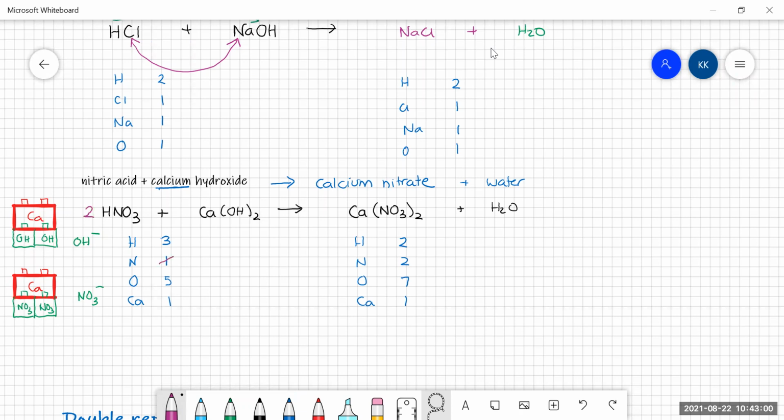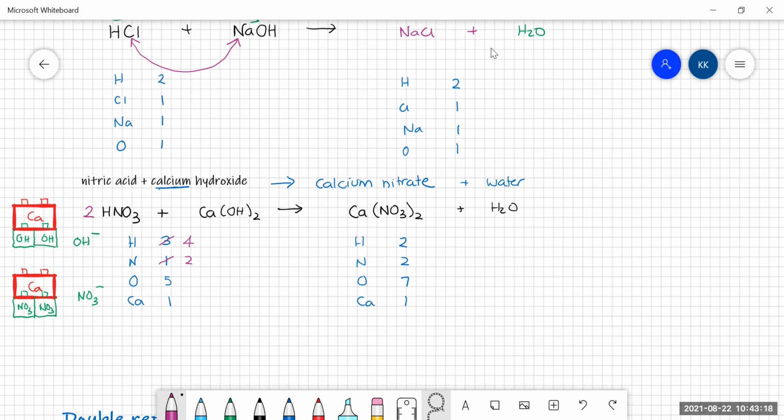That's going to give us our 2 nitrogens, but now that's also changed the number of hydrogens. So now we've got 2 hydrogens in the 2 nitric acids plus the 2 that are in the calcium hydroxide. So now our hydrogens are at 4. Our oxygens have changed as well.